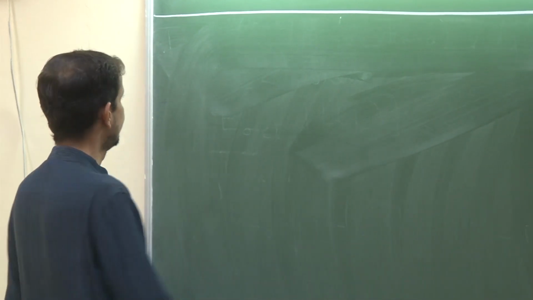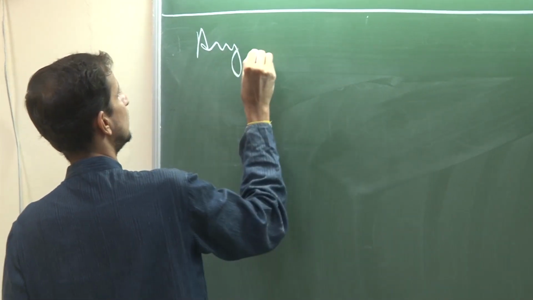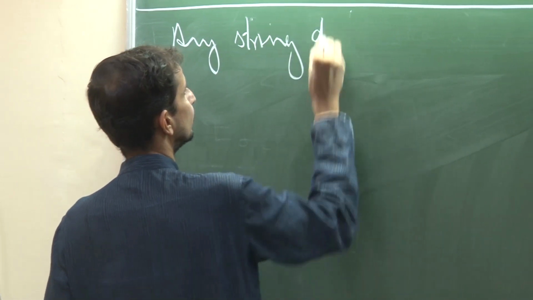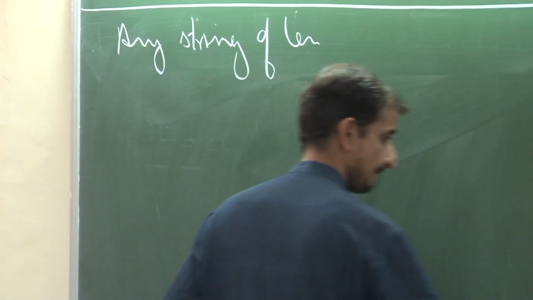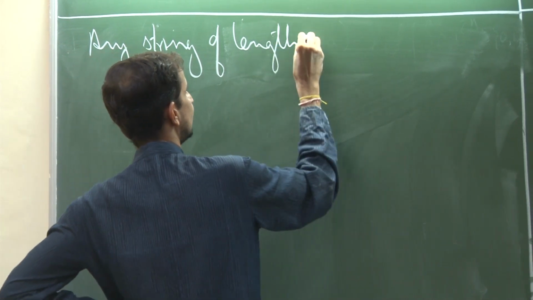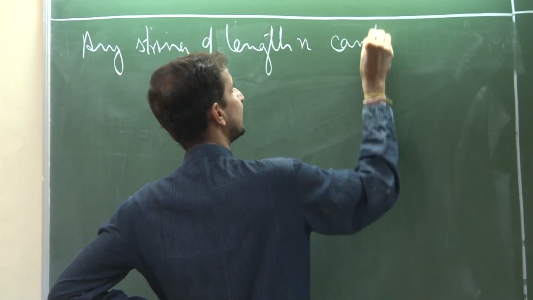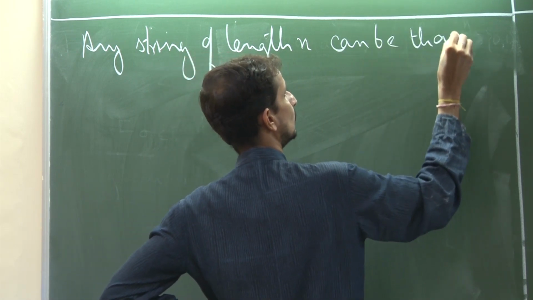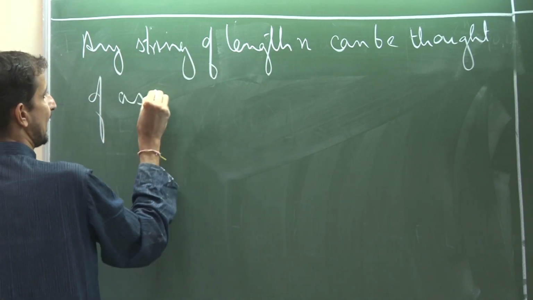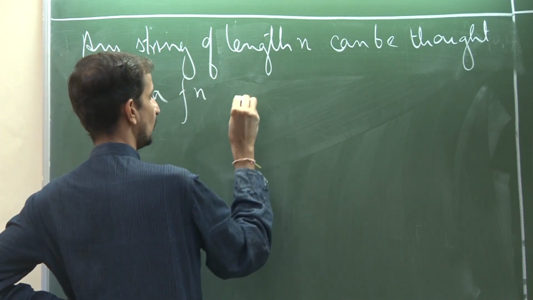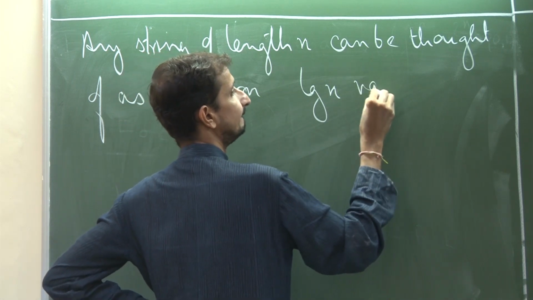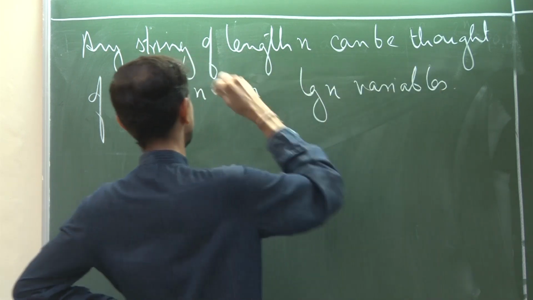So, now any string of length n can be thought of as a function on log n variables, assuming n is a power of 2 here.